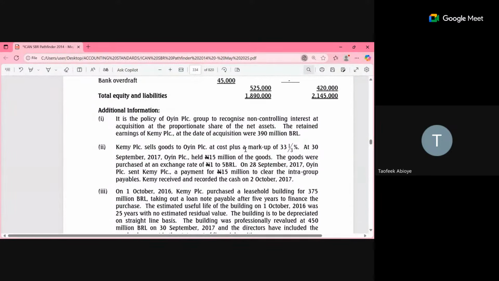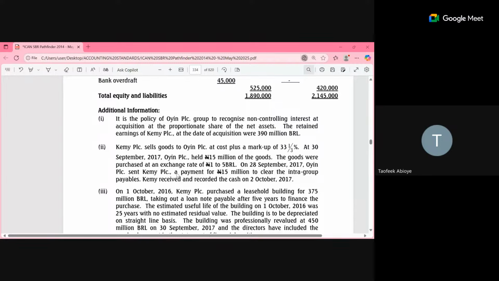It is the policy of Oyin PLC Group to recognize NCI at proportionate share of net assets. Please, do we remember that whenever the group policy is the proportionate net asset method, our NCI will not be given?